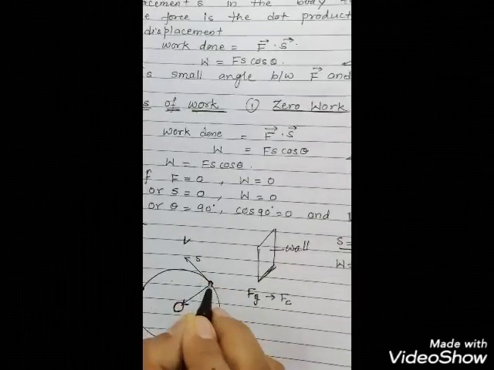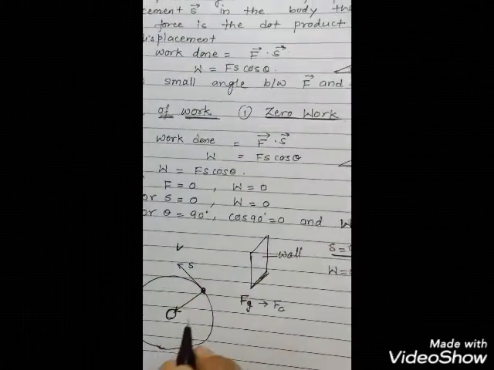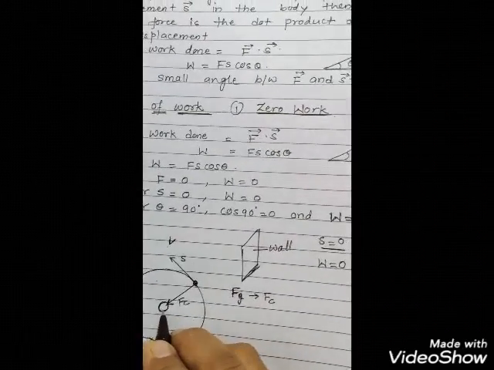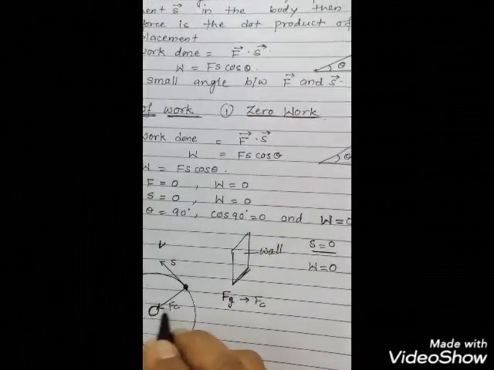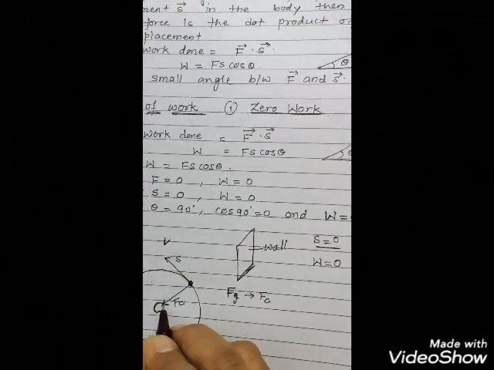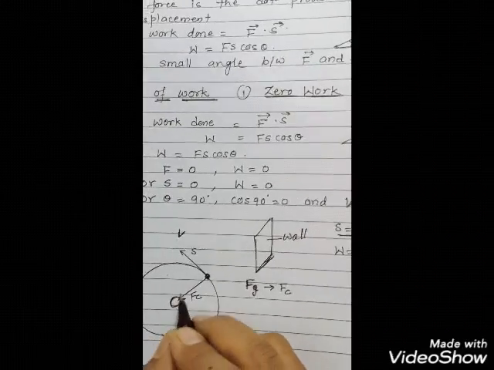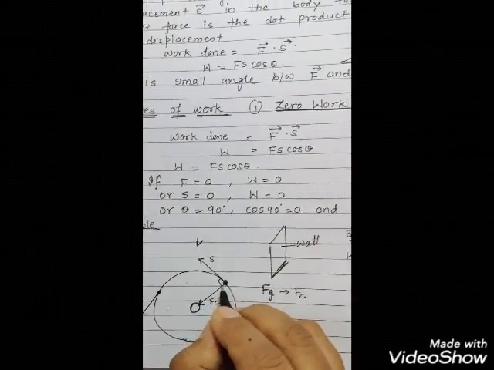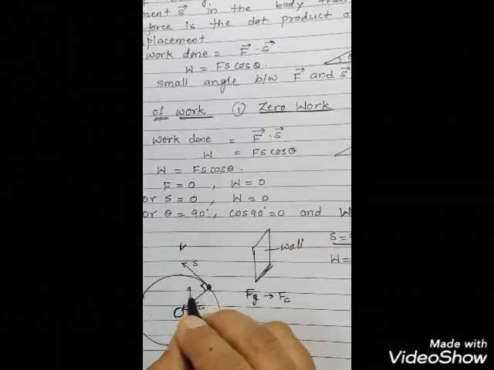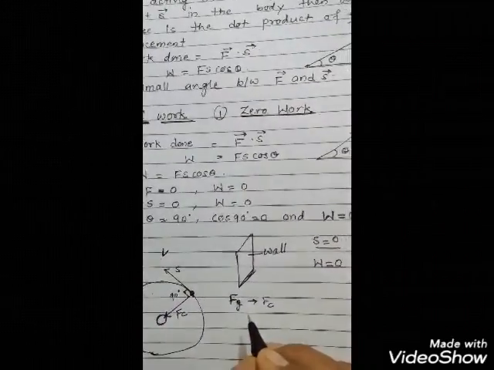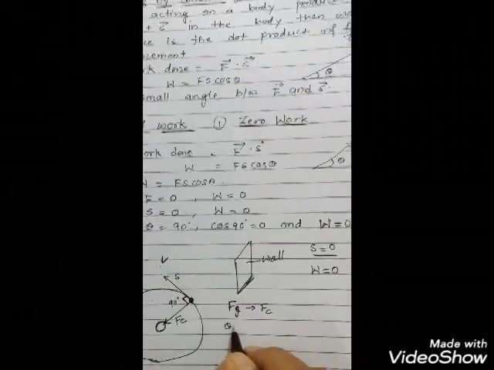That means the displacement will take place in the tangential direction, but the centripetal force is working toward the center of the planet. So the centripetal force is working along the radius of the circular orbit. This tangent and radius make an angle of 90 degrees between them, and because of that the angle theta is 90 here.